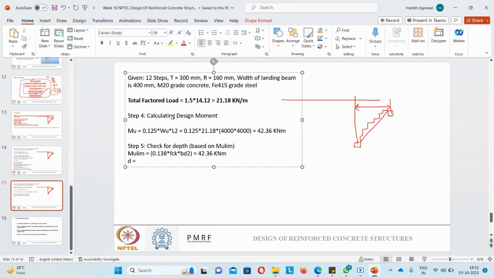Just let me do the calculation once. What is the b? B is 1 meter, per meter width we are defining, right?